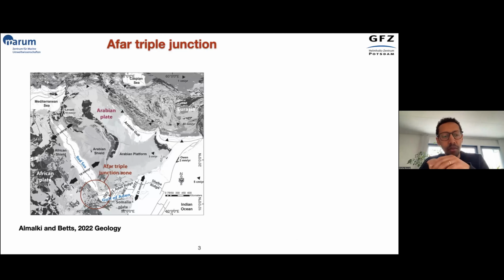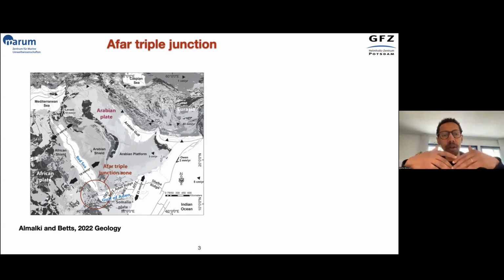It's a plate boundary between the Arabian plate, which is here, the African plate or the Nubian plate to the west, and the Somalian plate. So the simultaneous moving or opening of these three plates induces rifting in Afar in general.